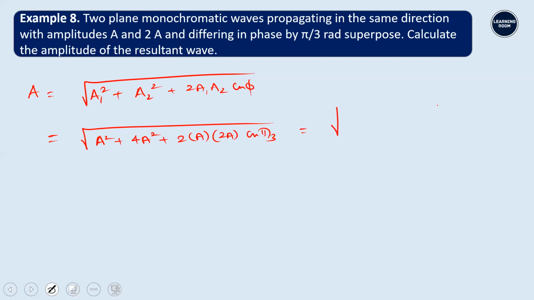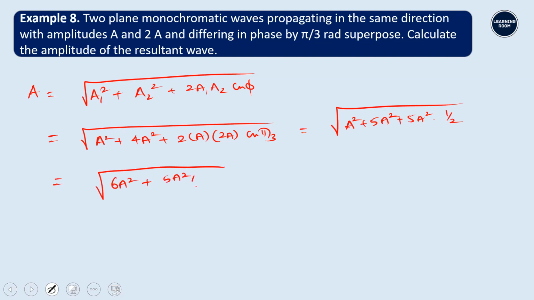So this will be root of A square plus 4A square plus 4A square into 1 by 2, which is 2A square. So it is root 7A square, or root 7 times A.